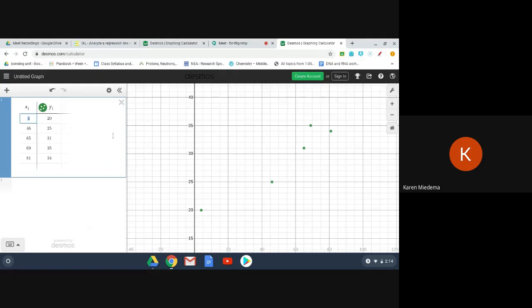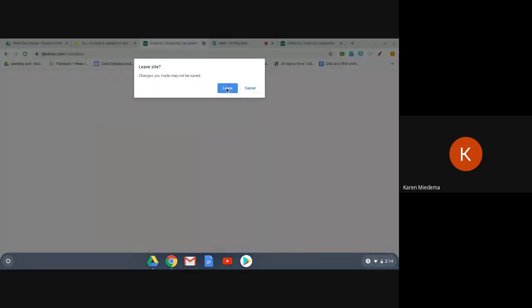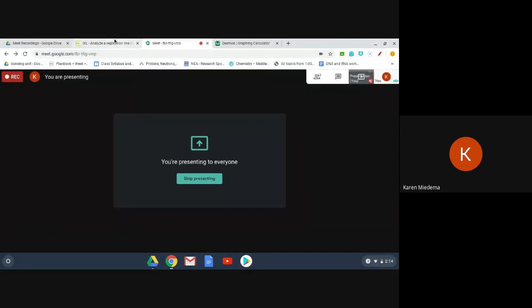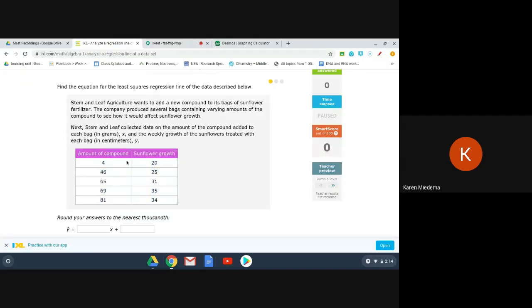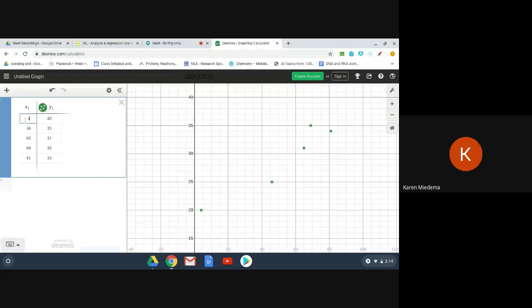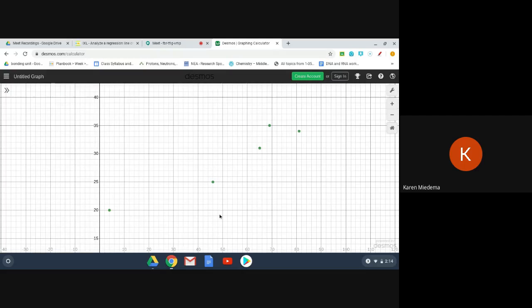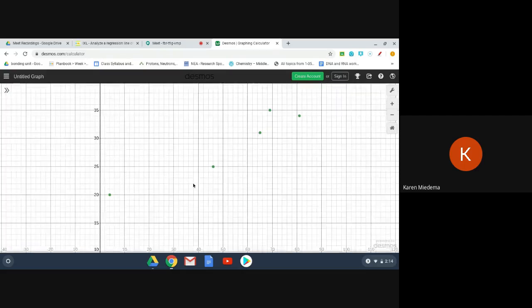If you want to make sure that it didn't make any mistakes, you could go back to the IXL. I'm just going to get rid of this other one that I had here. You could go back to IXL and see how we have 4 and 20, 46, 25, and so on. It took the data for us, and if you look over here at the graph, you can see that it plotted those points.